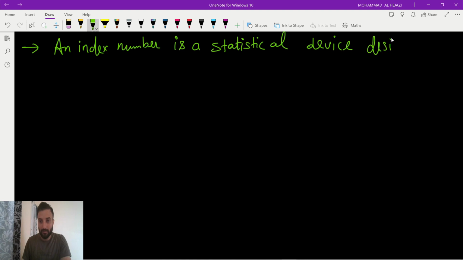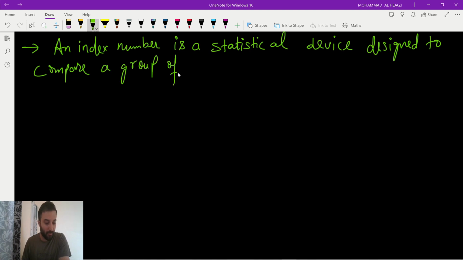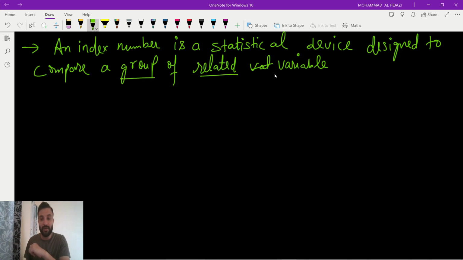An index number is a statistical device designed to compare a group of related variables. Group of related variables means we'll compare price with price, quantity with quantity, value with value. That's why they said an index number is a statistical device designed to compare a group of related variables.